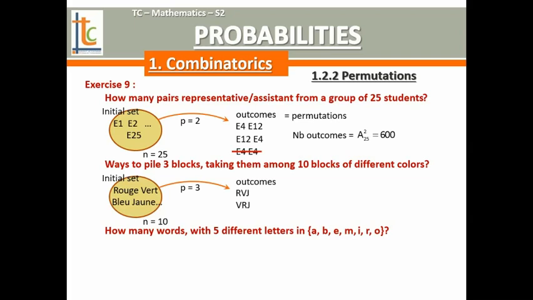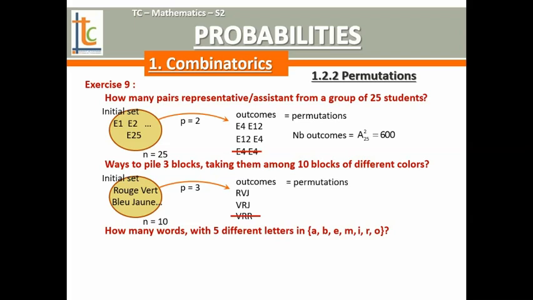Each time you're taking exactly the same elements as in another outcome, and you're just asking yourself if it's another outcome. Yes, it's another way to pile the 3 blocks because the order of the 3 colors counts in the results. But is it possible to choose vert, rouge, rouge? No, because there is only 1 red in the initial set.